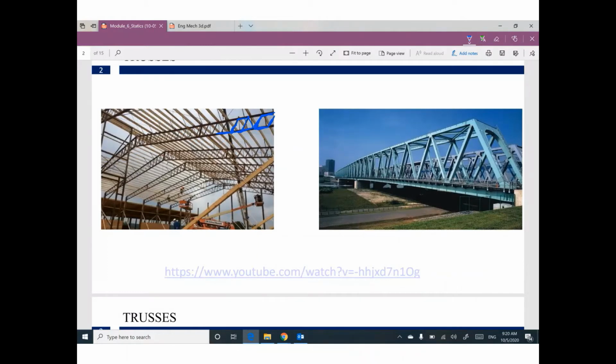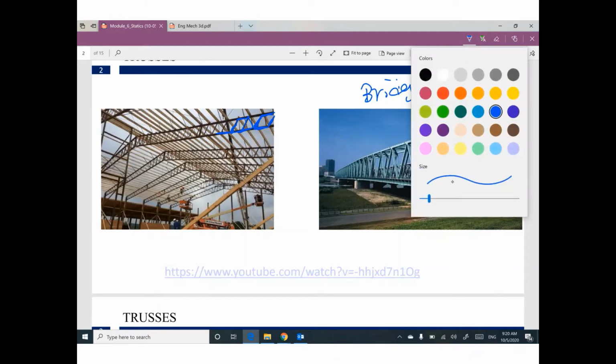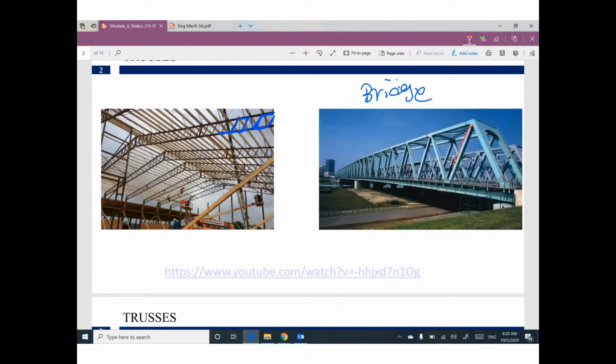Can you see this bridge? We have members, most of the time, probably 90%, made from steel. We can expect it made from wood sometimes, but mainly steel.